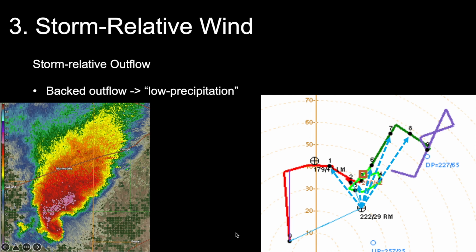But when you back your storm relative outflow around your storm like this one, we actually end up with a much smaller sliver where that storm relative wind is preferentially blowing. So all your storm relative wind, all your rain, ends up blowing off to the north here in this small little sliver as well. So when you have backing aloft, this actually gives you much lower precipitation storms usually that aren't actually raining into their own trajectories here. And they're a lot easier to spot if you sit out here.